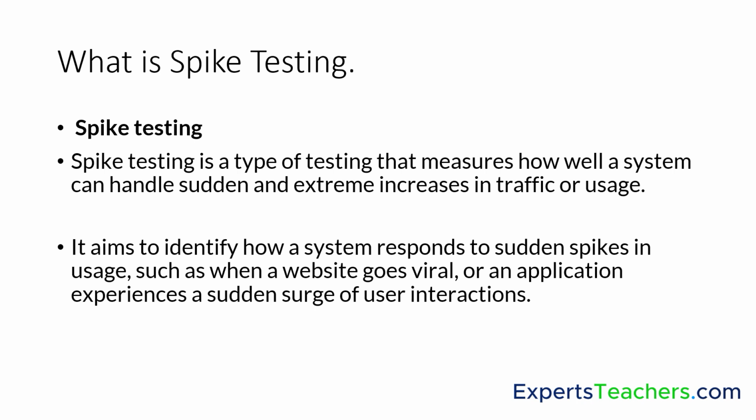So that is a spike, an extreme increase in traffic or usage. They will come and try to buy the products, so there will be many transactions at the same time. Suddenly, whether the server will be able to handle that sudden and extreme increase in traffic or usage or not, that is spike testing.